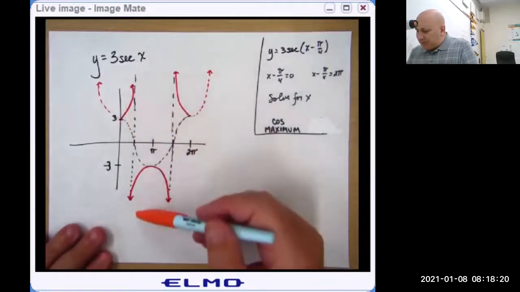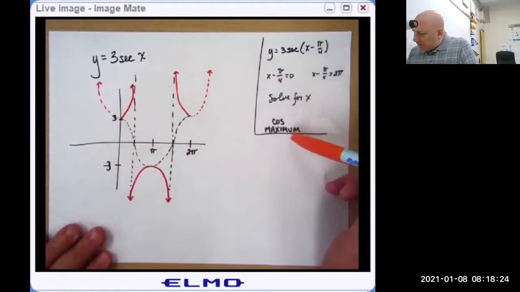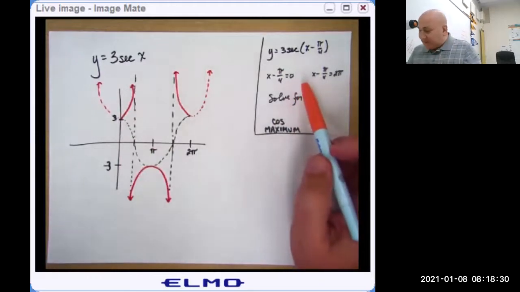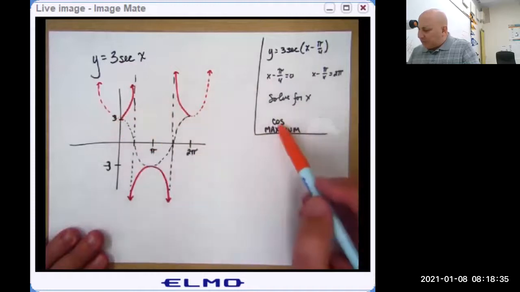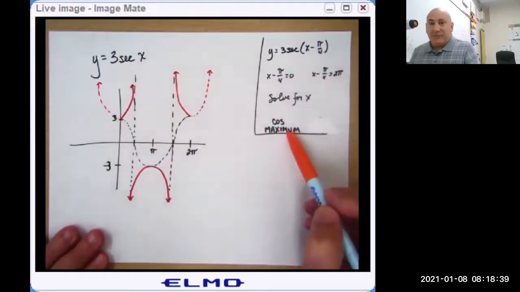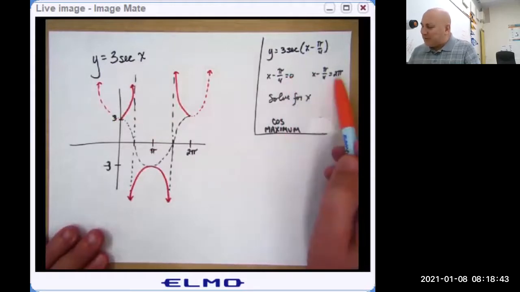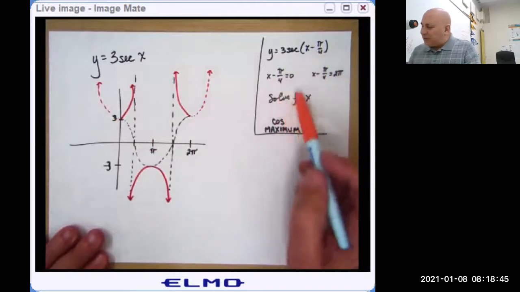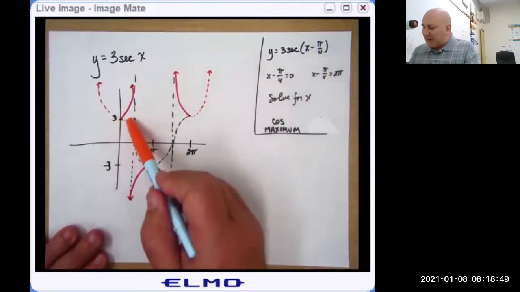Oh, no, I'm sorry. Those aren't asymptotes, my bad. Where cosine is a maximum at 0 and 2 pi, brain cramp early in the morning, you would solve for x, and that's where your new cosine maximum would be.